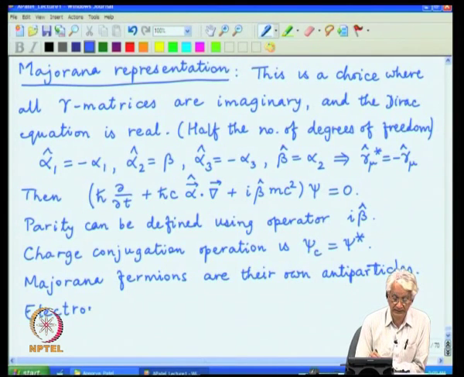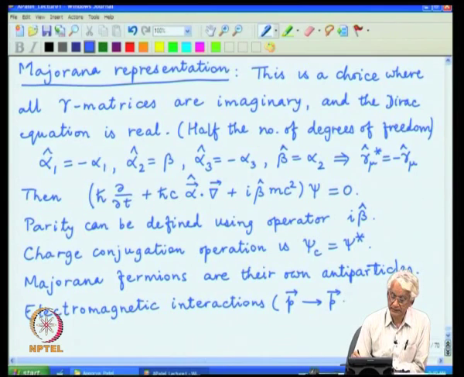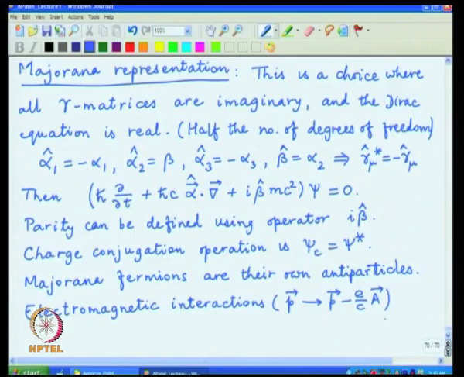Electromagnetic interactions are introduced by taking the operator P and writing P minus A into the equation. The P is I times the gradient, and so one tries to redefine the gradient by this particular transformation.